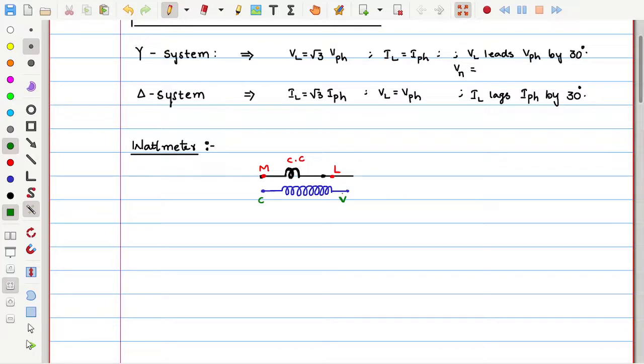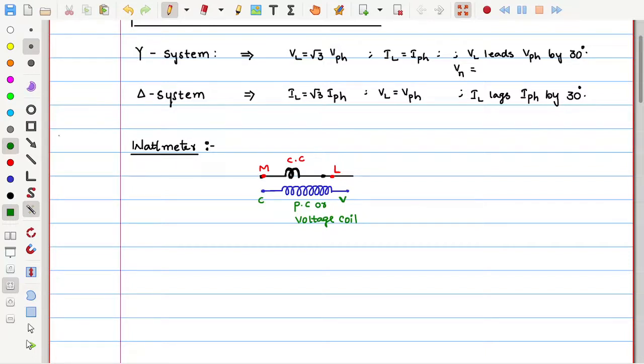The second coil, which is made of more turns, we call the potential coil or voltage coil. As the name indicates, the current coil will try to measure the current, whereas the potential coil will try to measure the voltage of the circuit wherever we connect.